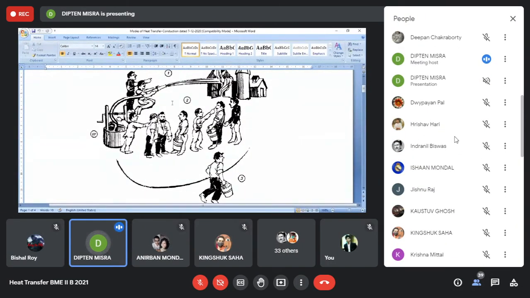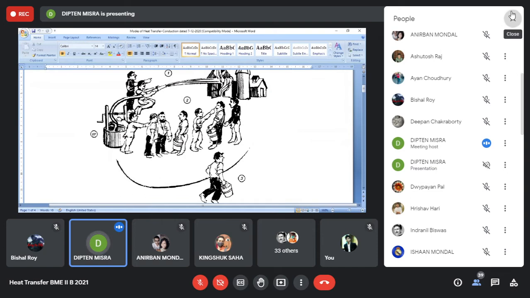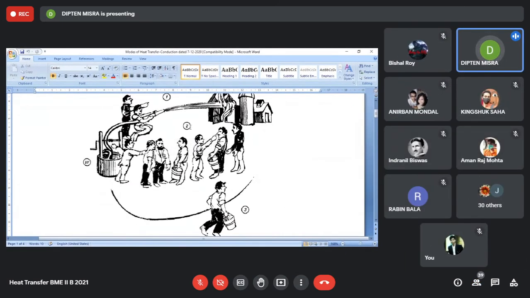We require a conveying medium. The medium may remain more or less static at its own position, or it may move from one position to another. But in the case of radiation, there is no need for a medium in between. If there is a medium, it may or may not participate.